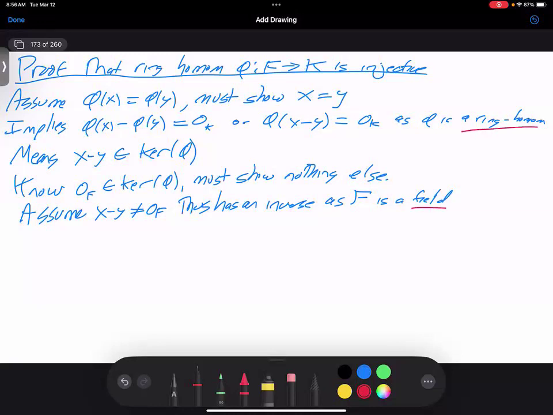Here we're using that it's a ring homomorphism. So what does this mean? So x minus y inverse exists, and phi of x minus y times x minus y inverse equals phi of 1. And what does that equal? It just equals 1.